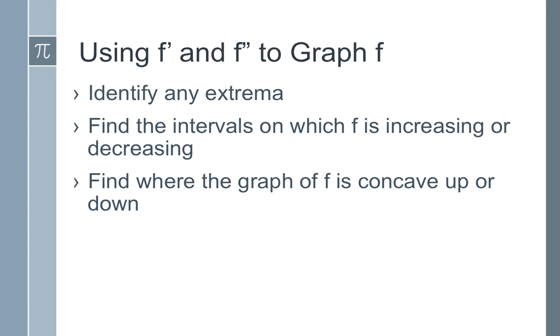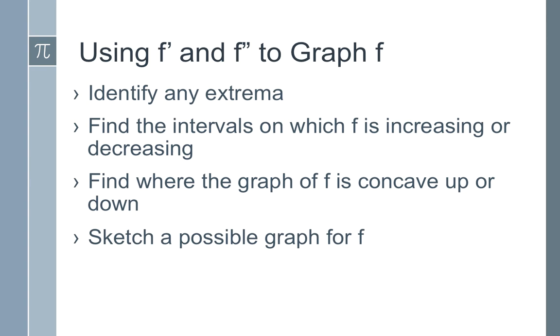Find where the function is concave up or concave down, and find your inflection point as well. And sketch the possible graph of f. Now, I did put that graph probably in the wrong spot. But kind of follow along with what I did on that graph back there.